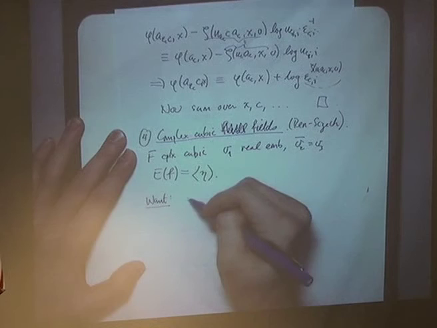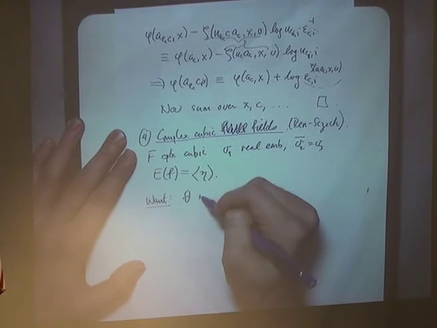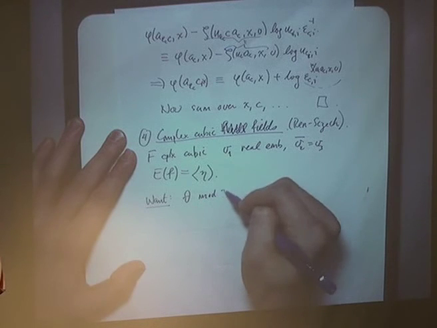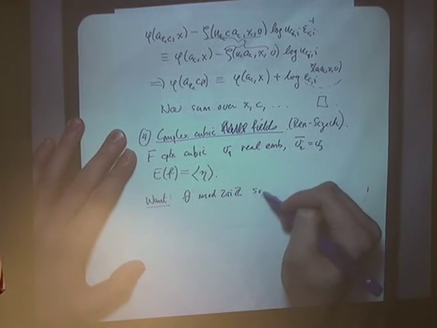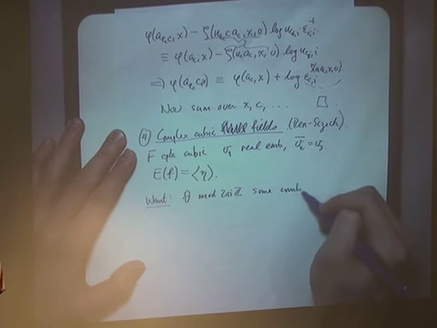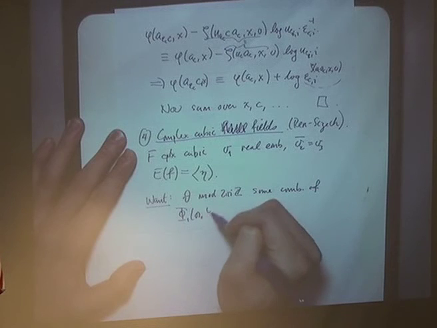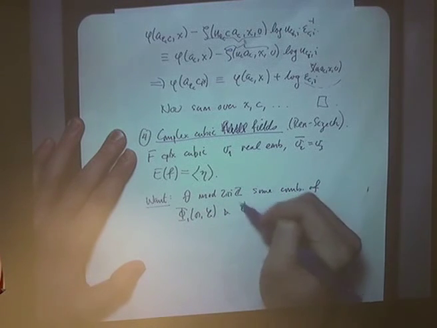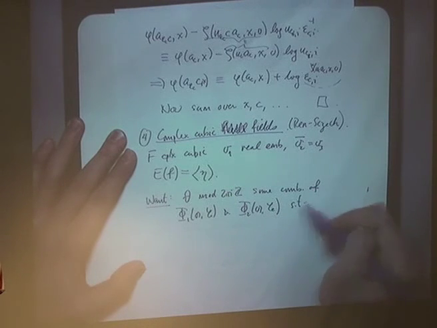What we want to find is a quantity theta mod 2 pi i Z, which is some combination of phi1 of AC and phi2 of AC, such that two things happen.